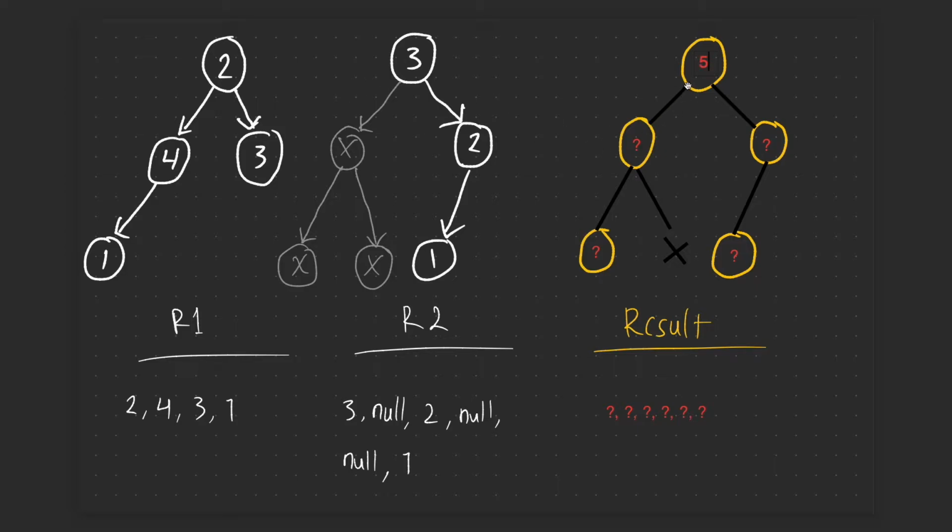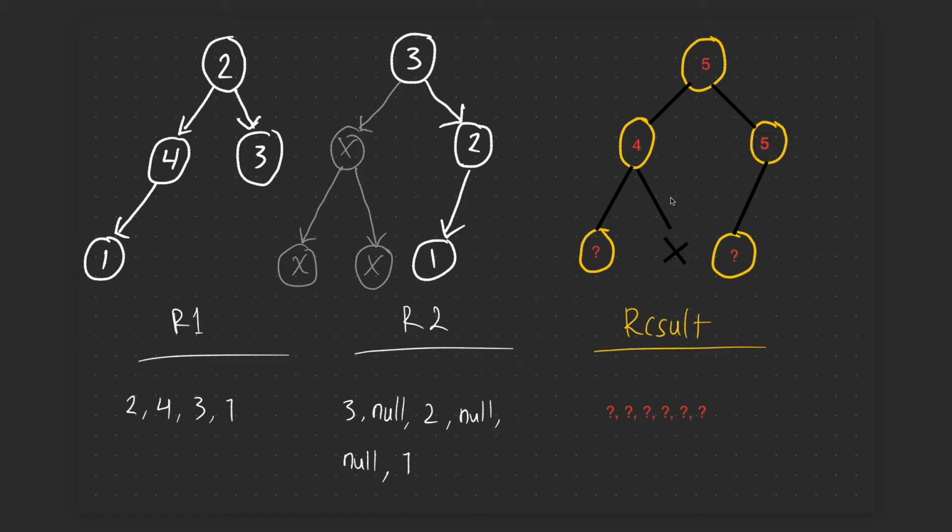Next is 4 summed with null, so we just put 4 here. And the next is 3 plus 2, which should be 5.